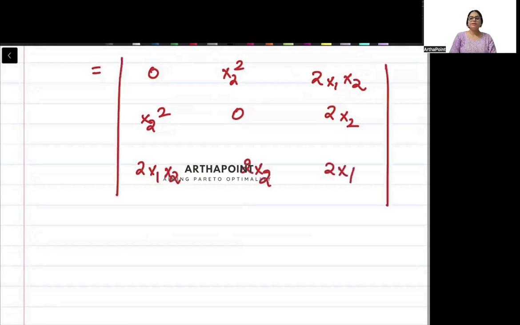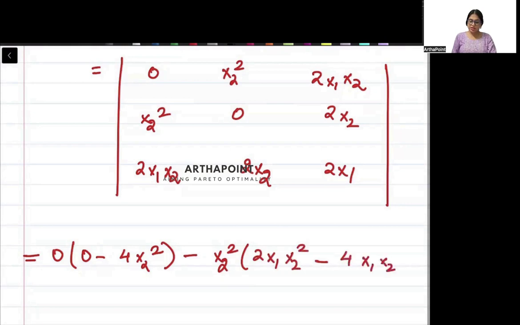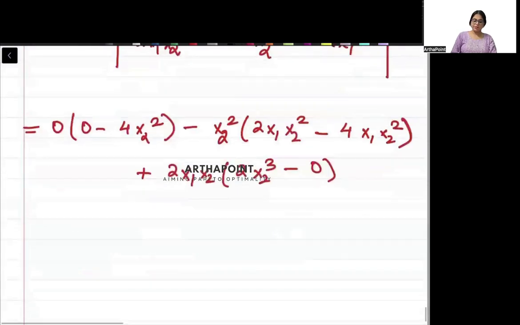Let us try to go ahead and find the determinant of this matrix. So determinant will be 0 minus 4x2 square, right? Minus x2 square, 2x1x2 square, minus 4x1x2 square, plus 2x1x2, 2x2 cube minus 0.